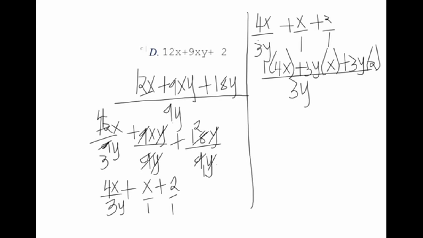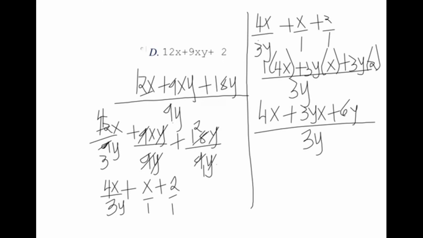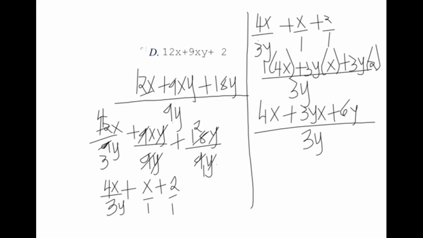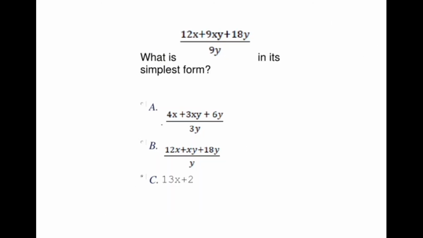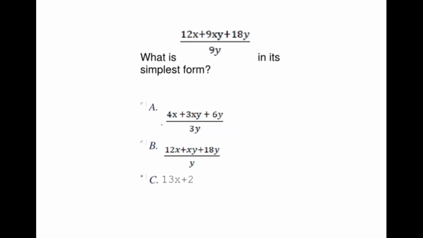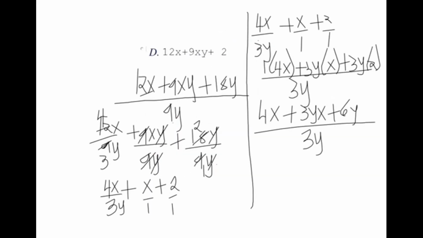So we will have 4x plus 3yx plus 6y, divided by 3y. So we have 4x plus 3xy plus 6y divided by 3y. So this is it, and that is our simple form.